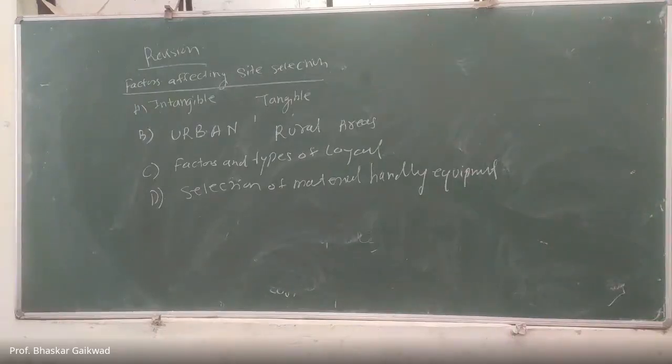And just a few minutes back, we discussed types of layout: product layout or line layout, then process layout or functional layout, then fixed layout or static layout, and the last one is cellular or group technology layout. You can remember one example of each layout.